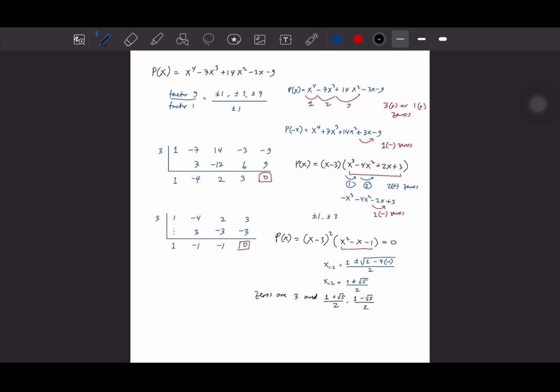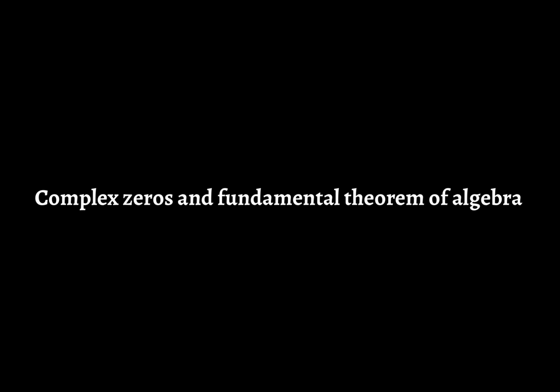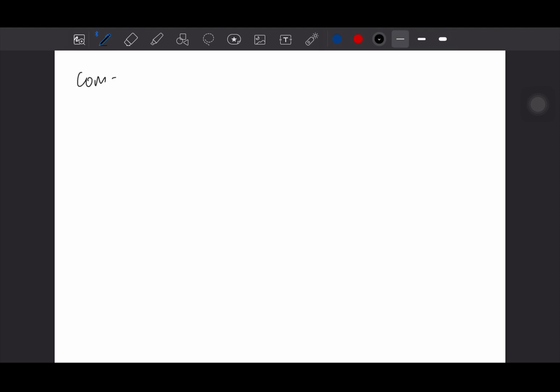Okay, I hope you're getting familiar with Descartes' rule, finding the possible zeros, and then using the synthetic divisions, right? Okay, so the next sections will be continuing this chapter. The next section is about the complex zeros and the fundamental theorem of algebra.